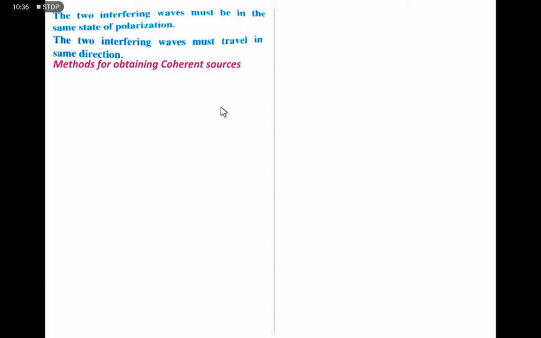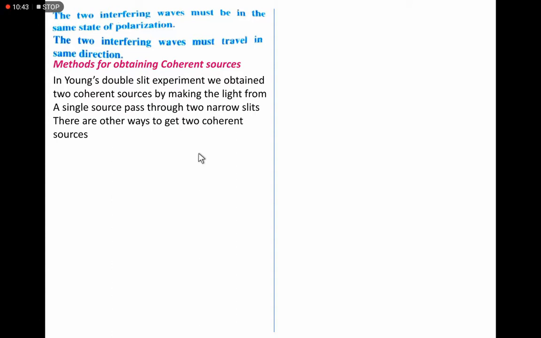Then, methods for obtaining the coherent sources. Already we discussed Young's double slit experiment to obtain two coherent sources from a single source of light.